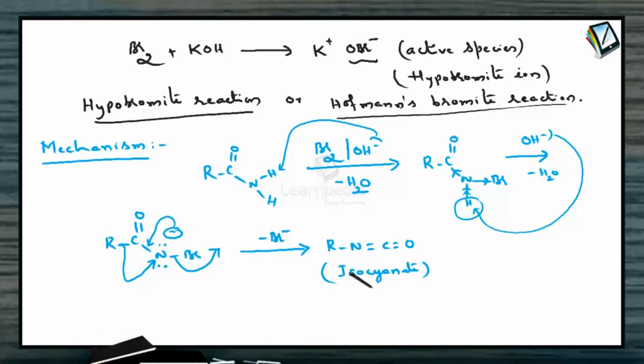Now, in the next step, this isocyanate will undergo hydrolysis, where the lone pair of oxygen will attack the carbon, so that the pi electrons will immediately shift towards the more electronegative oxygen. It now becomes RN double bond, and here the oxygen carries the positive charge and it now becomes O minus.